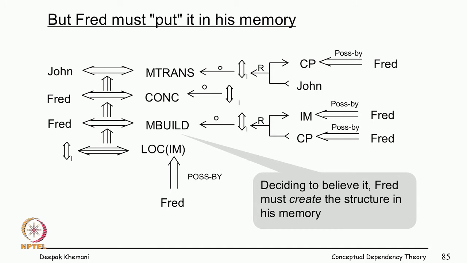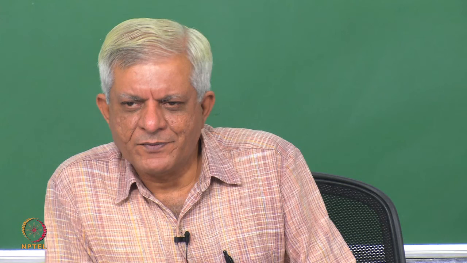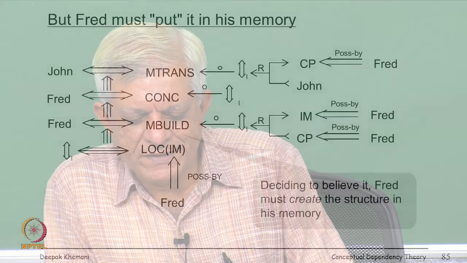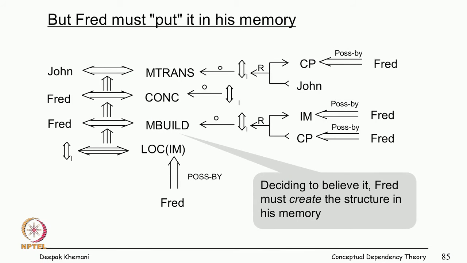So, in the first sense, when he believes it in the sense that he learns it for the first time, he must put it into his memory. So, you can see that reading from top to bottom, the topmost conceptualization says that John entranced something to Fred, as a result of which Fred started thinking about that thing, as a result of which he built a formula which corresponded to that thing and transferred it from his CP.